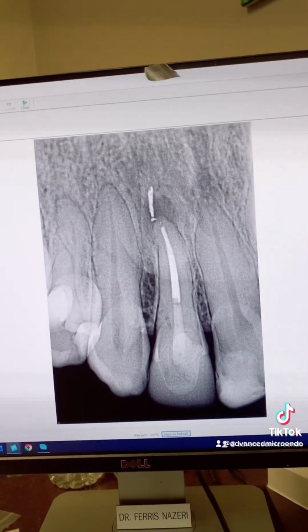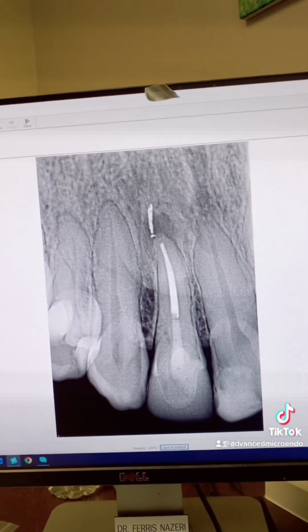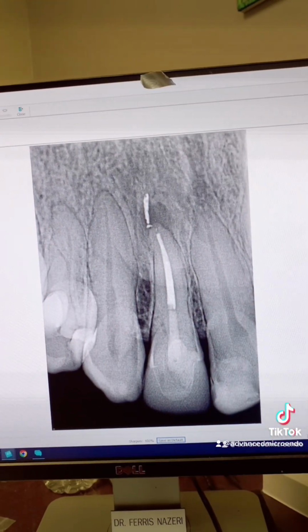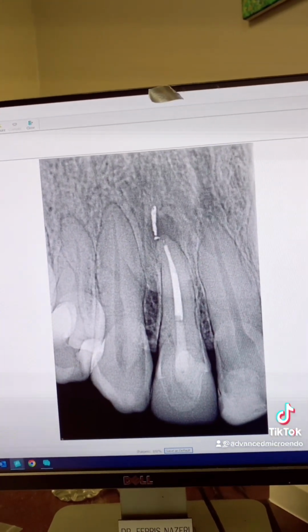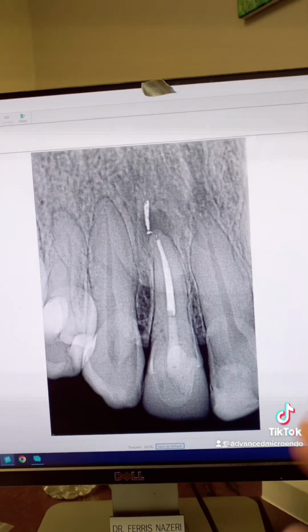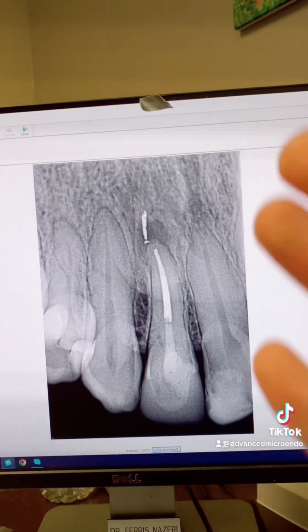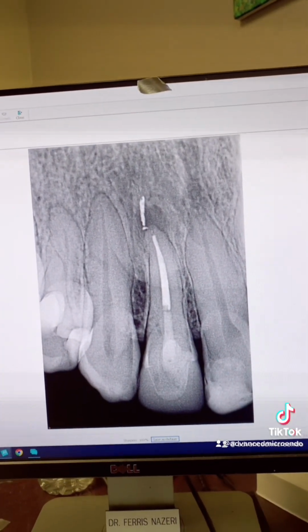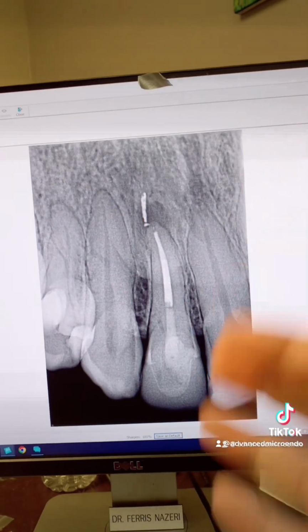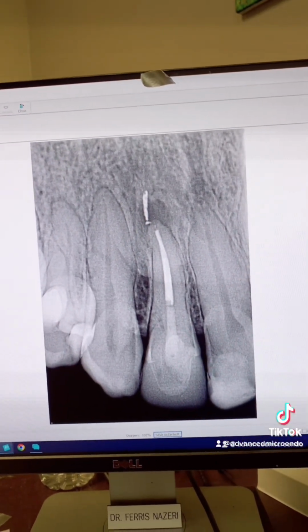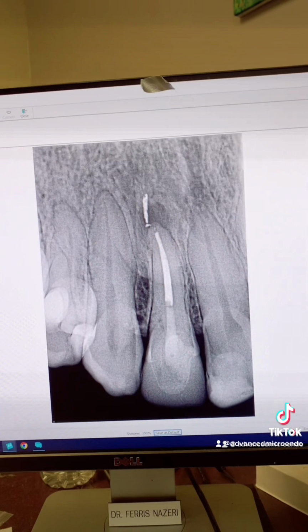So what do I do in this case? Just like what I always do, and I've posted those videos. I find who the previous dentist is who did the root canal, and that's what we did. We were able to locate the dentist who did the root canal, and we were able to get x-rays.